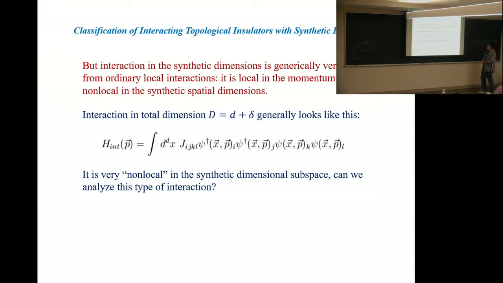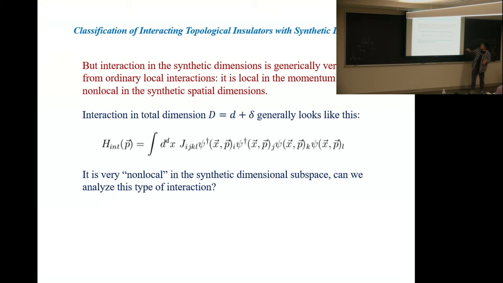But when we have a synthetic dimension, the situation becomes very different. The reason is that the extra dimensions are synthetic, they are tuning parameters. So it means that in the real physical system, for every tuning parameter value, there is a local interaction in, for example, two-dimensional real space. So for every tuning parameter P, there's a local interaction.